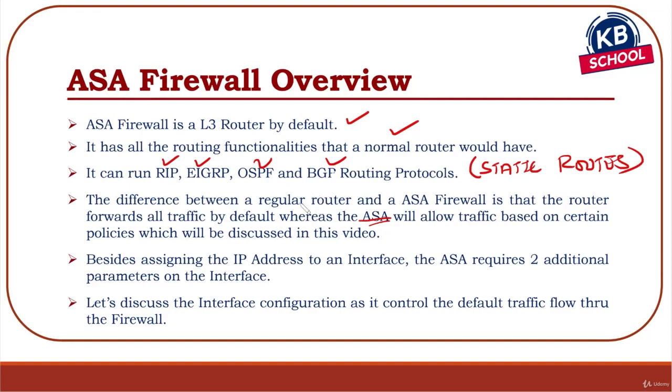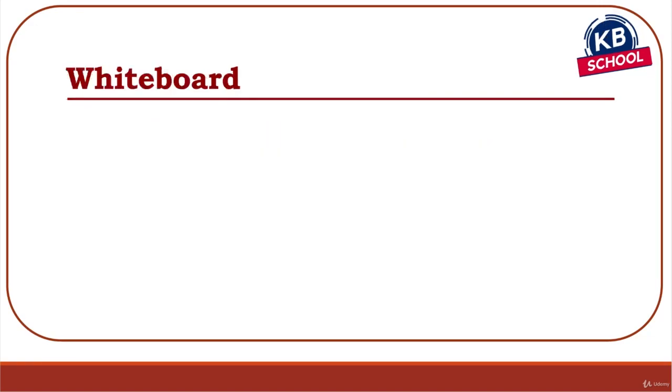Now, in order to do that, there are certain things that are different on the ASA firewall from a router. Normally, when you configure a router interface, you just need to assign it an IP address and bring the interface up. So let's say you want to bring up the interface of a router.